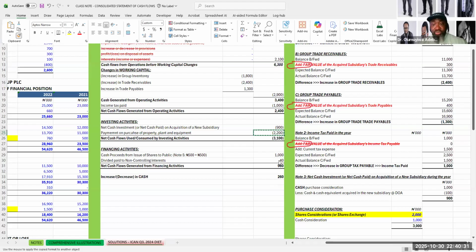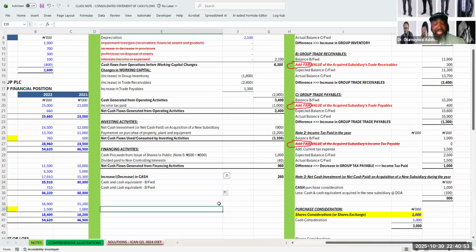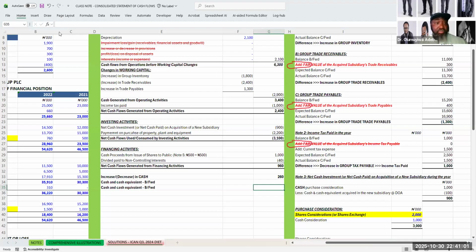Now, what do we then do? We then bring in our cash and cash equivalents brought forward, or as at the beginning of the year. And we use it to determine our cash and cash equivalents at the end of the year. And what do I do? I'm going to create a statement.